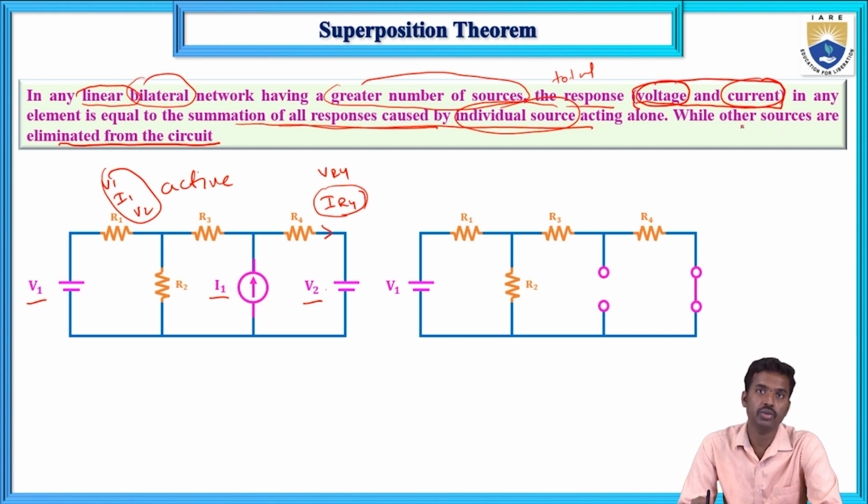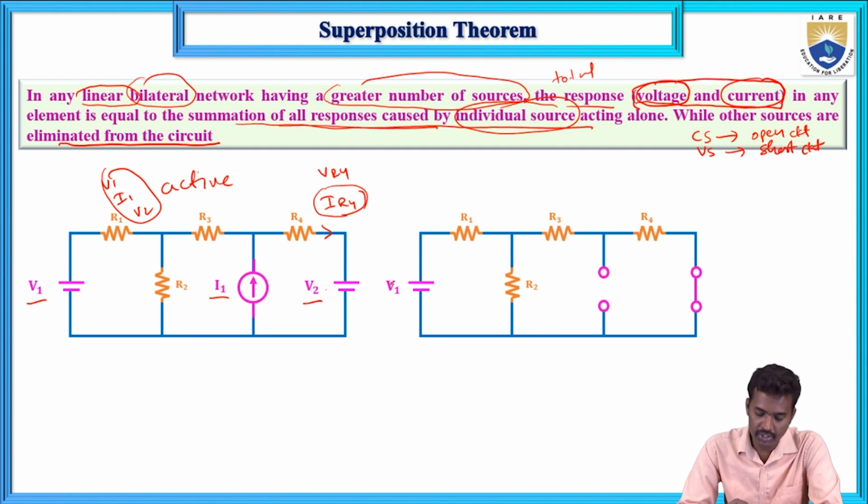Current sources are replaced by open circuits and voltage sources are replaced by short circuits.